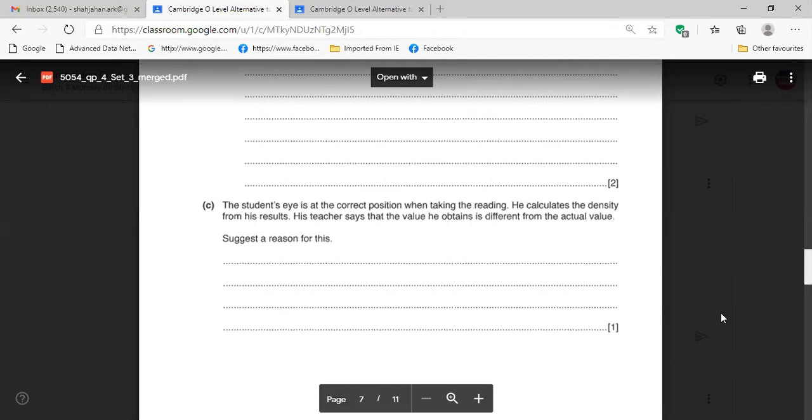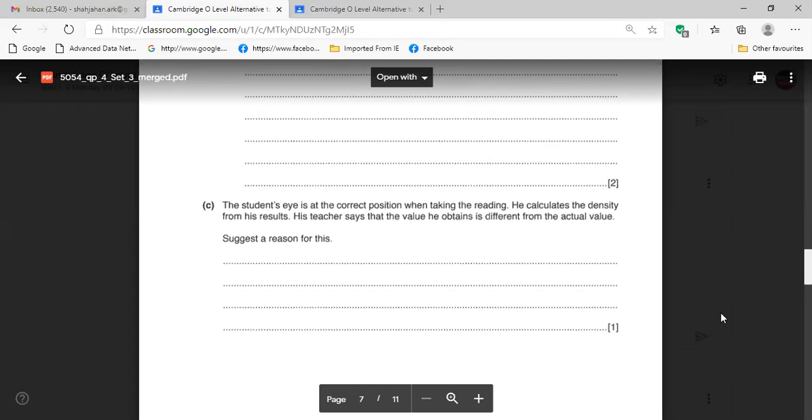Yes, sir. The same thing is happening with the way Tamjid wrote, the beaker's one. If we are transferring the water into the beaker, we also have some water left in the measuring cylinder.